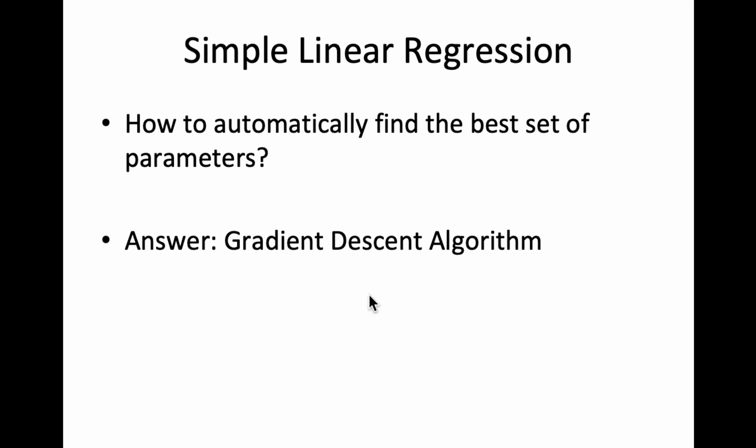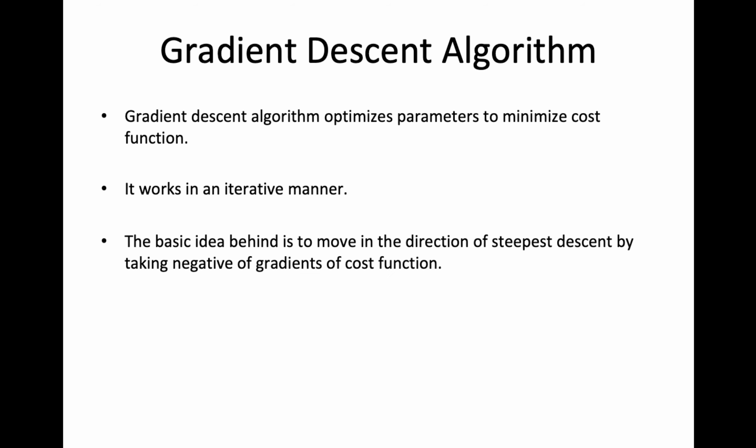And we are going to implement the gradient descent algorithm to find the best set of parameters to minimize the cost. So this algorithm optimizes the parameters to minimize the cost function. It works in an iterative manner, and the idea is to move in the direction of the steepest descent by taking negatives of the gradients of the cost function.